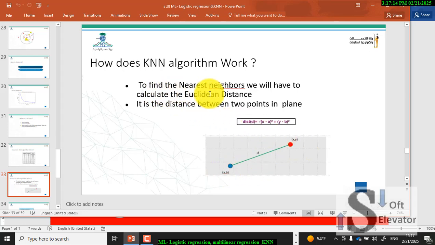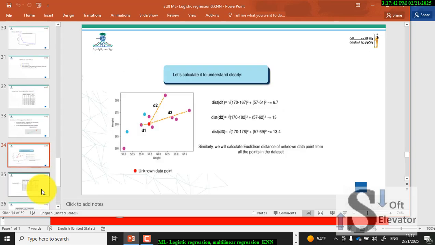To find the nearest neighbors, we will have to calculate the Euclidean distance, which is the square root of (x minus a) squared plus (y minus b) squared. We take this distance. Okay, it's very easy. This is called the Euclidean distance.